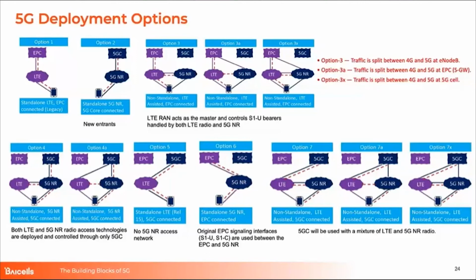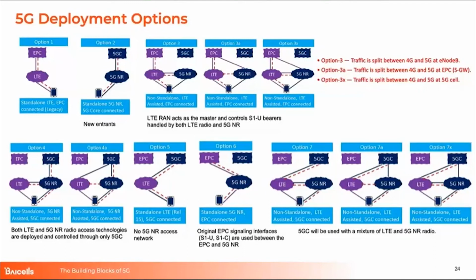I have option 1 now, private 4G, and need a migration plan to 5G. Well, it depends how fast you want to go to 5G and the investments you're going to make. But usually, with option 1 you're just legacy. The best way is to go through option 3, and then from option 3 you can choose either option 5 later on or option 7.